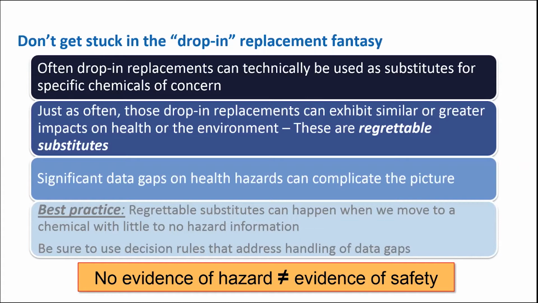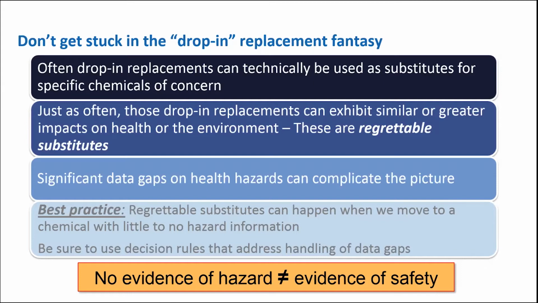Examples of regrettable substitutions include replacing bisphenol A with bisphenol S or bisphenol F in epoxy resins, using perchloroethylene as an alternative to trichloroethylene for vapor degreasing, replacing methylene chloride in solvent-based spray adhesives with 1-bromopropane. In each of these examples, the substitute works, but it introduces similar or different hazards.